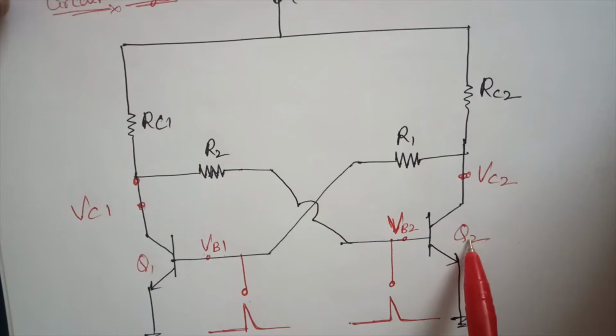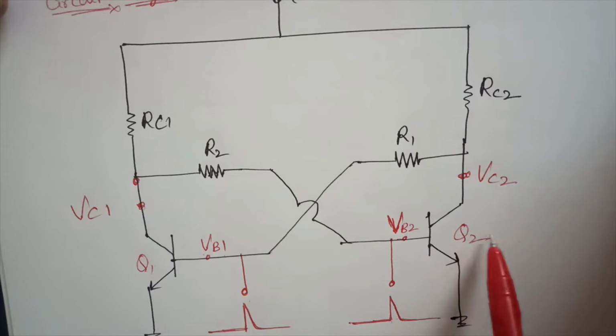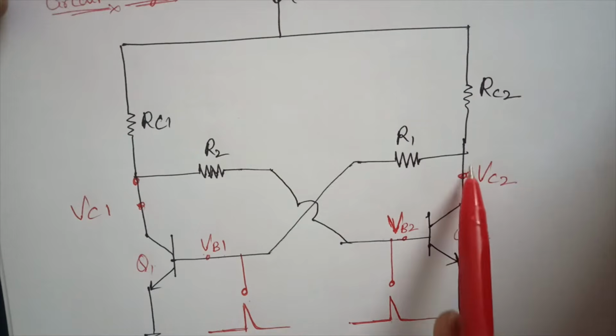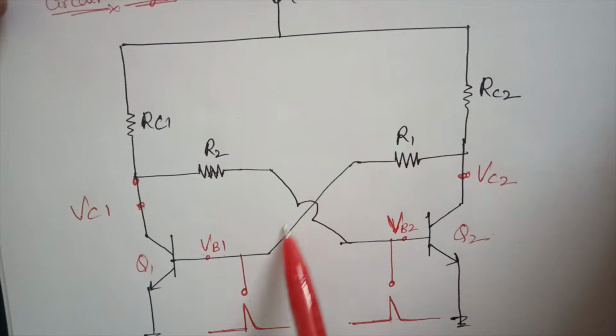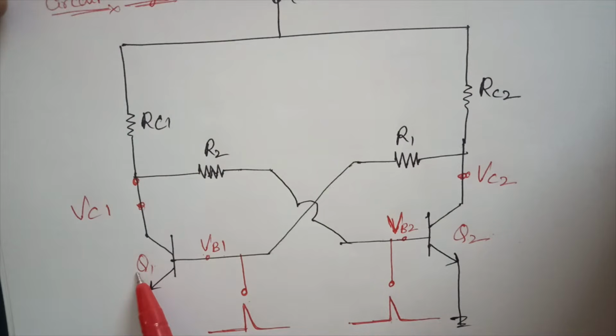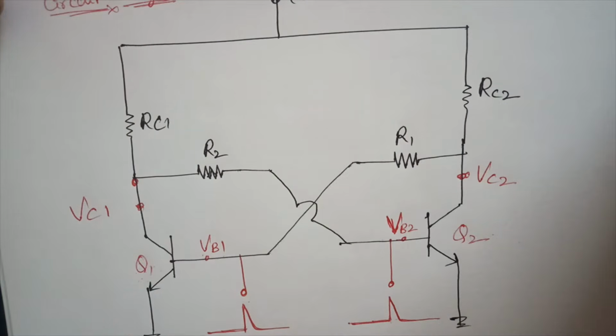Now I apply the next triggering pulse at Q2. Q2 is switched on. Then Vc2 becomes 0.2 volts, and it is applied to the base of Q1. Therefore Q1 is switched off. So now Q2 is on and Q1 is off. Again, if you want to switch on Q1, we have to apply the trigger pulse.